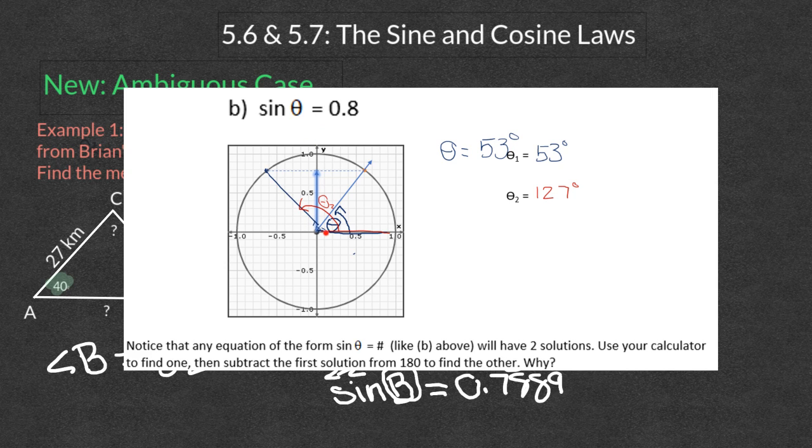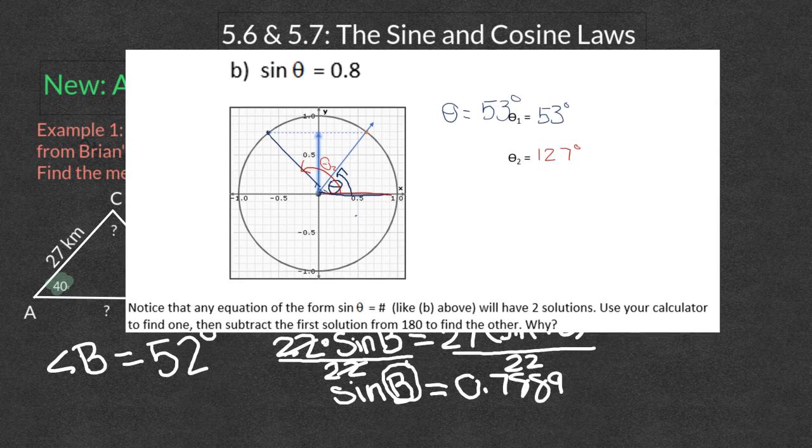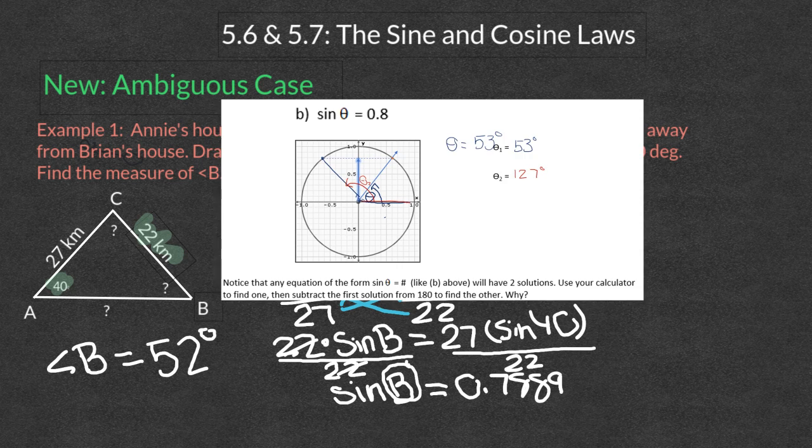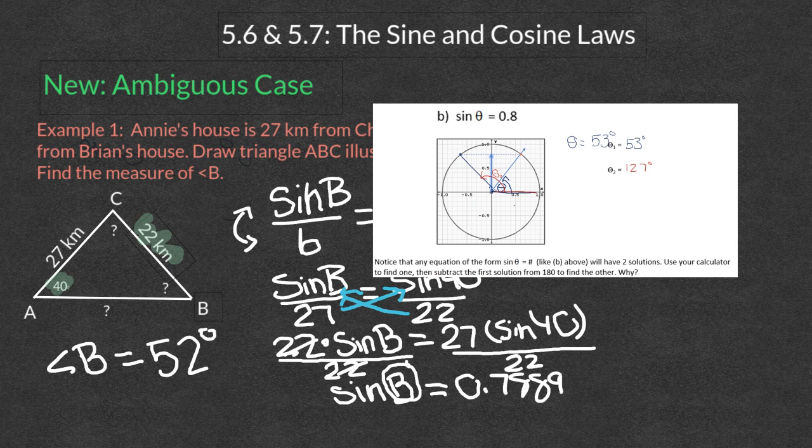And so this is similar to what's happening here. Looking at this equation, we've got sine B equals 0.7889, which is actually almost identical to 0.8. So these are almost the exact same question.